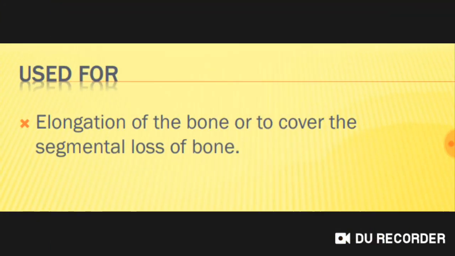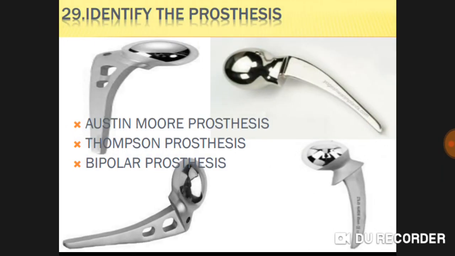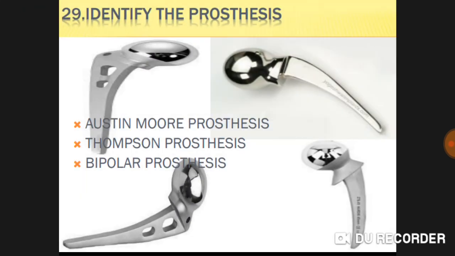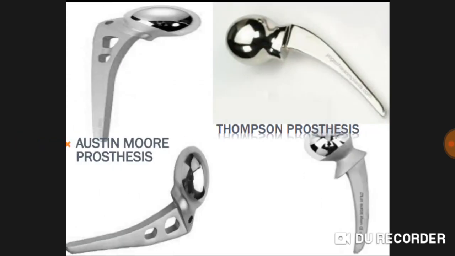Used for elongation of bone or to cover the segmental loss of bone. Okay. Identify the prosthesis. With this dark image, this is Austin Moore prosthesis. Austin Moore is different, and with this image, this is Thompson prosthesis. Thompson, and this one is Austin.